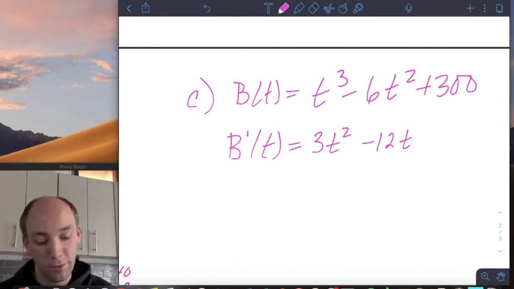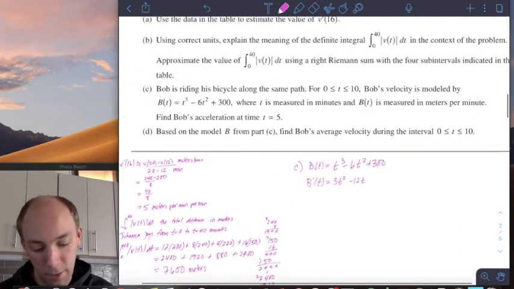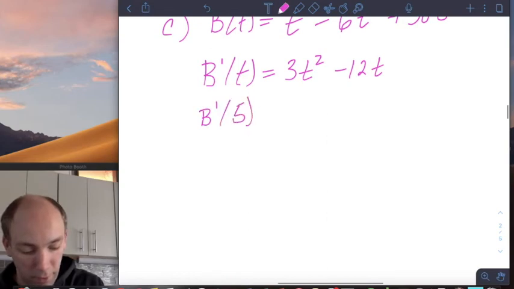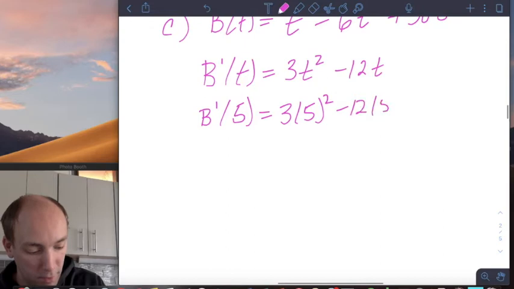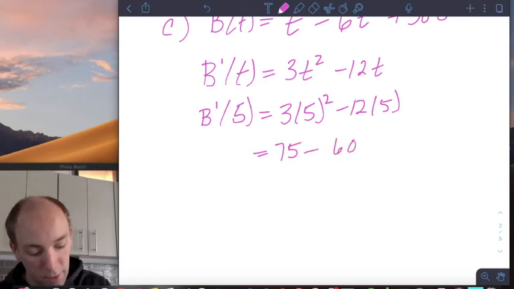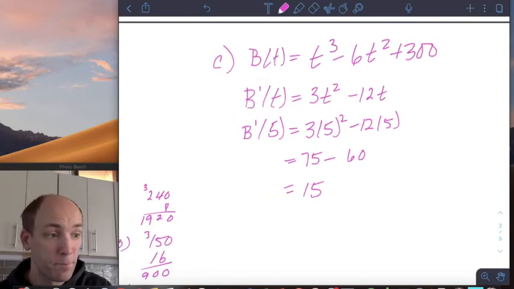Then it says to find the acceleration at t equal 5, so we plug in 5. 3 times 5 squared minus 12 times 5. 5 squared is 25 times 3 is 75, minus 60, so this would be 15.